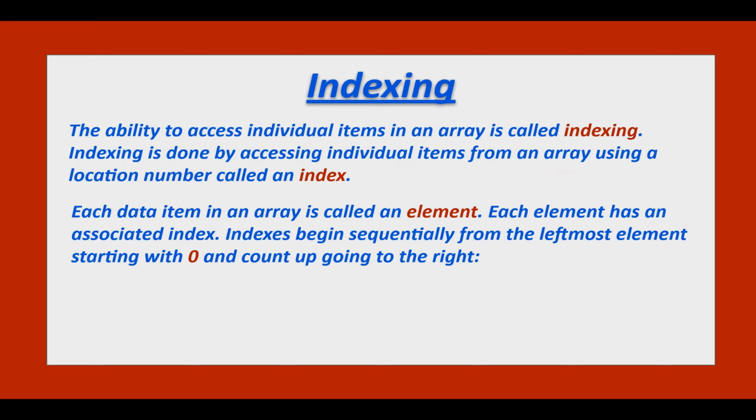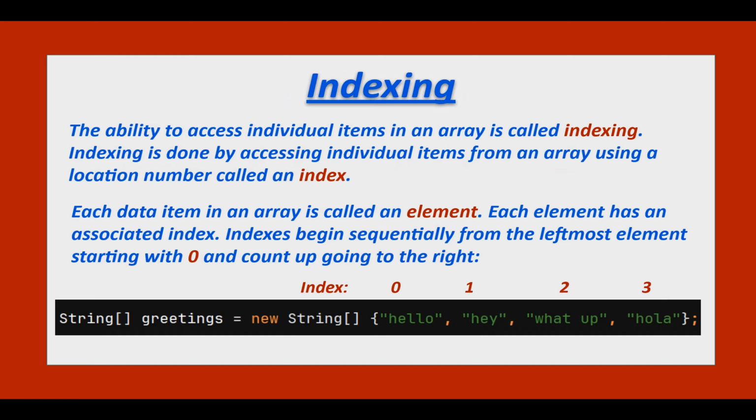Indexes begin sequentially from the leftmost element, starting at 0 and counting up going to the right. As we remember in computer science, counting starts with 0, so the index numbers start with 0. Here's a little graphic on it, where on the bottom we have an array of strings, and here we have the corresponding index numbers.